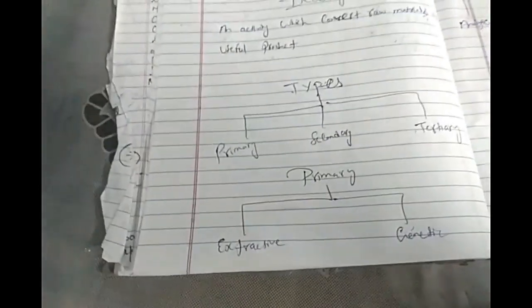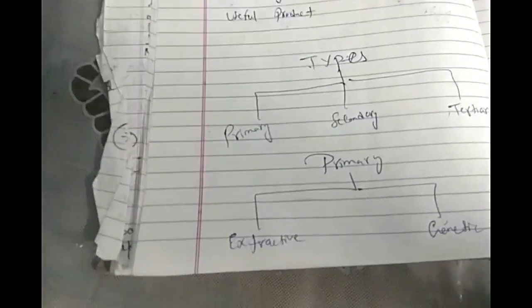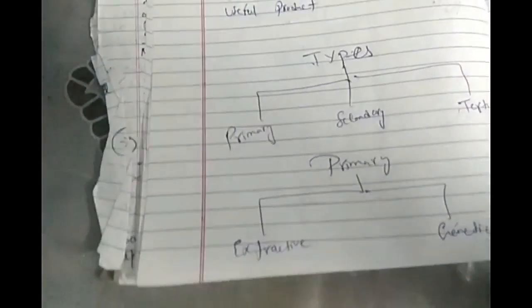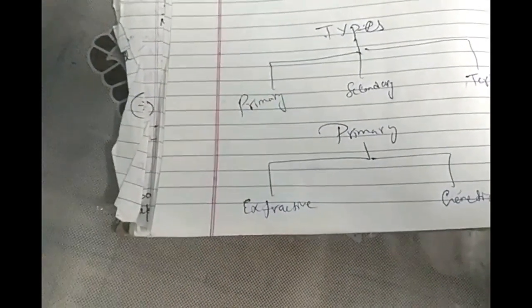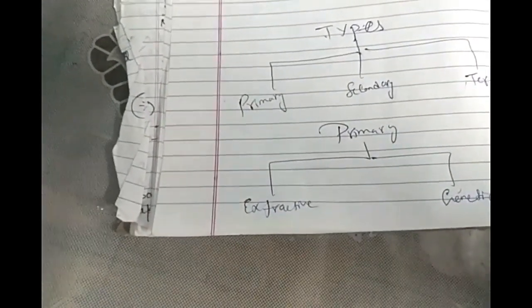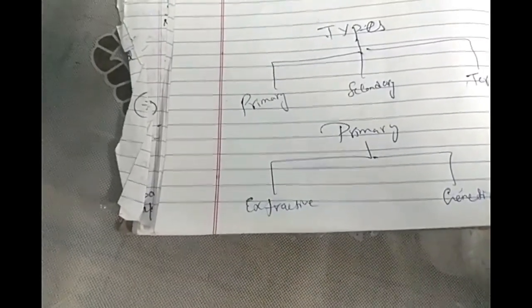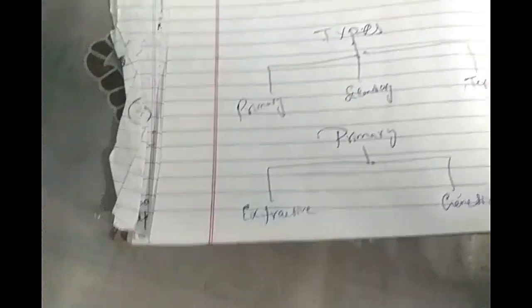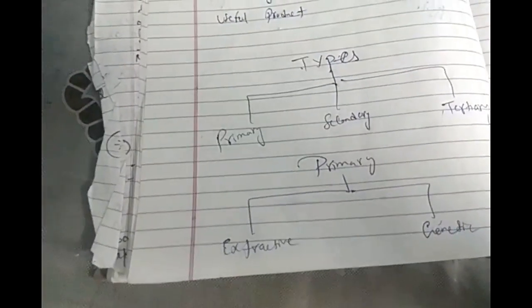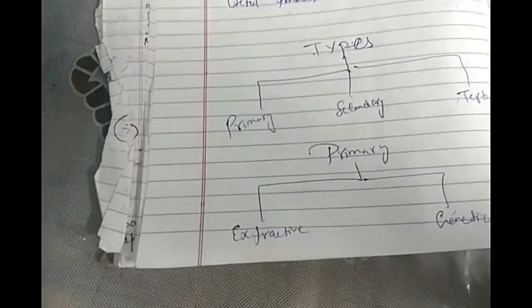Primary industries are those activities which involve the extraction of natural resources as well as the reproduction of living species. The industry involved in the extraction of natural resources and reproduction or rearing of living species is considered primary industry. These are of two types, extractive industry and genetic industry.